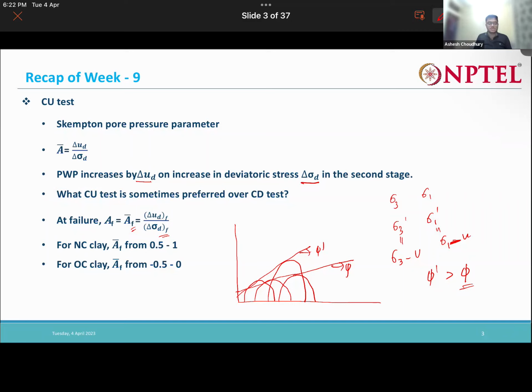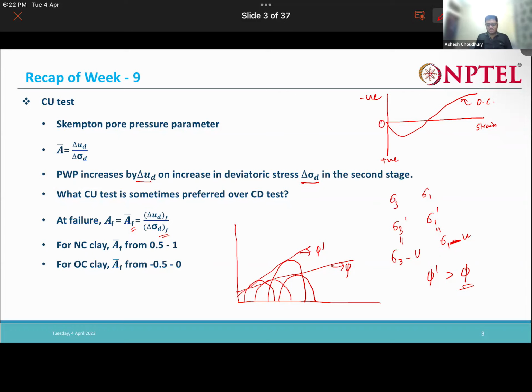Why minus? Because if you recall, if you do not allow drainage in the case of over consolidated clay, the pore pressure actually will behave like this. This is over consolidated, with the positive direction and negative direction, and this is 0.